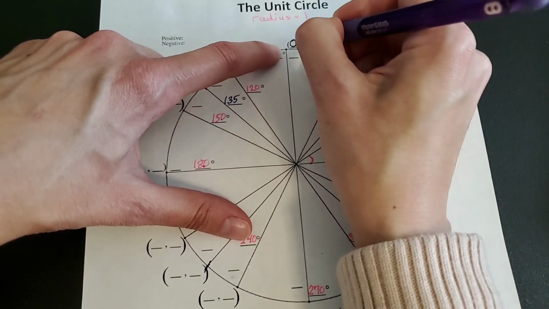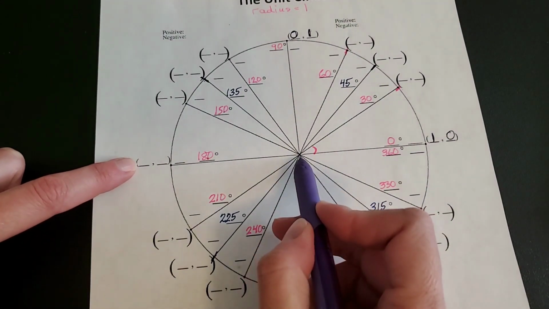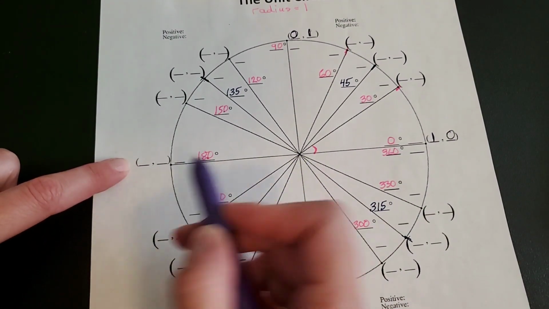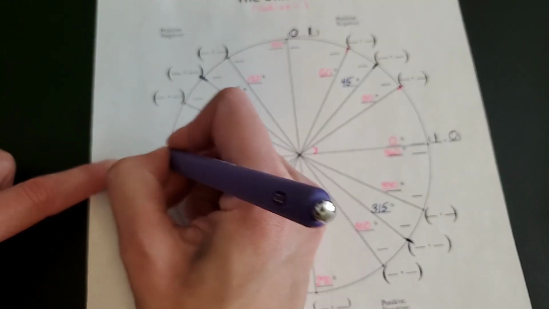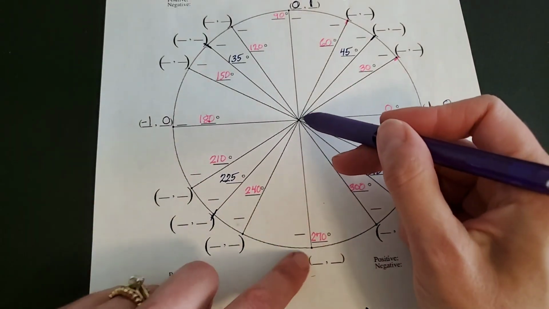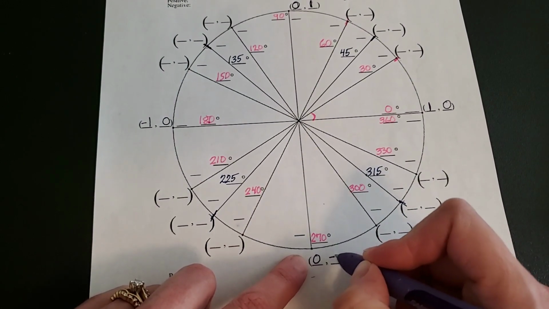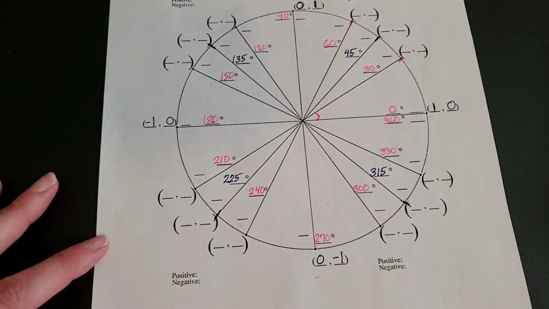So we've got 0, 1. Over here at 180, we would be going to the left, back 1. But not up or down at all. So negative 1, 0.